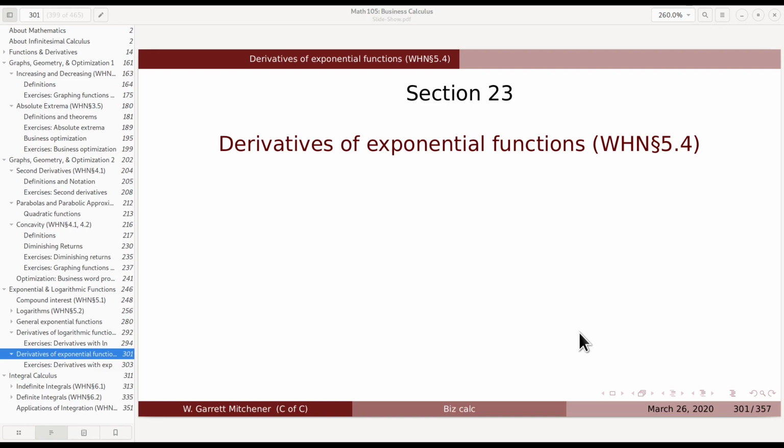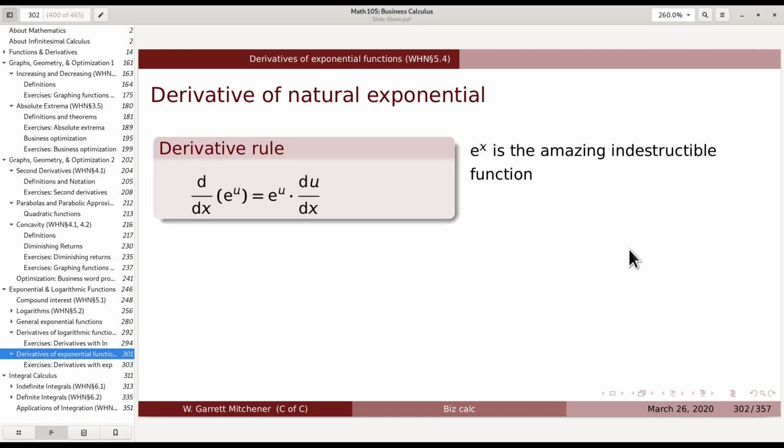In this video, I'm going to do some demonstrations of the derivatives of exponential functions. So first, here's the basic derivative rule. The derivative of the natural exponential function is itself. So d over dx of e to some u is e to the u times du over dx.